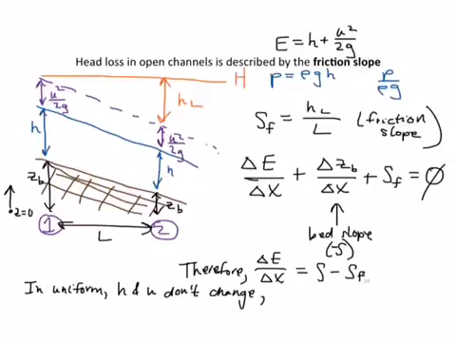So delta E over delta x has to equal 0. And when delta E over delta x here equals 0, the bed slope has to equal the friction slope. So this is an assumption that's commonly made. It's just commonly assumed that the friction slope is equal to the bed slope.